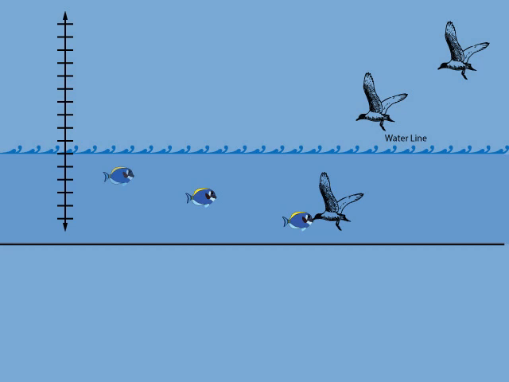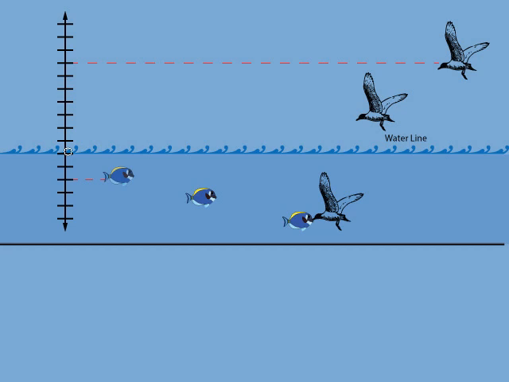This series of images over a 3-second period shows the movement of a fish and bird. What's the vertical distance between the two at the start? Each tick mark represents 0.25 feet. To the nearest quarter of a foot, the initial vertical position of the fish and the bird are shown on this vertical number line.